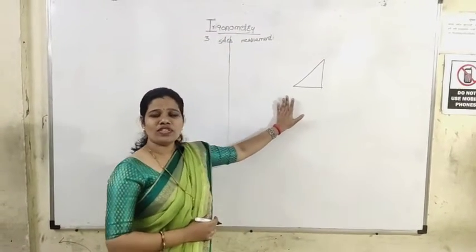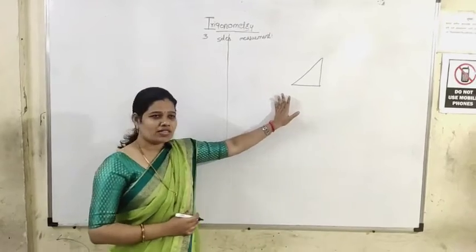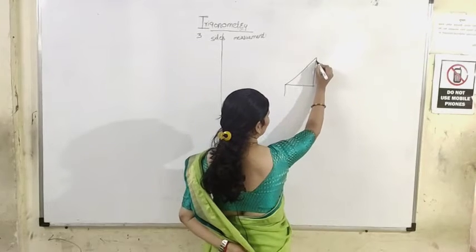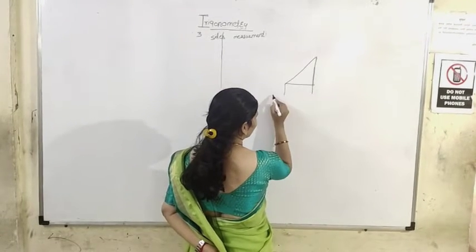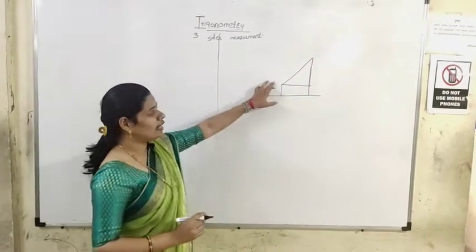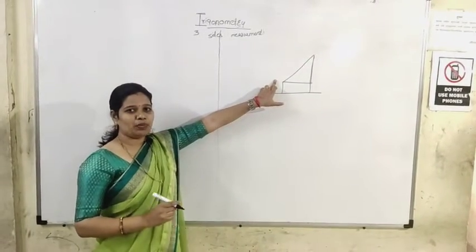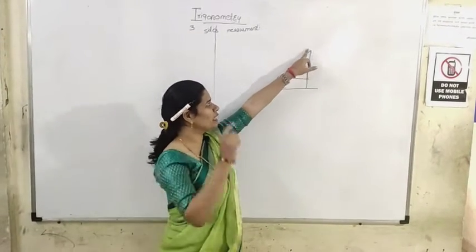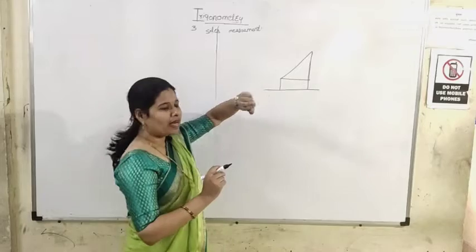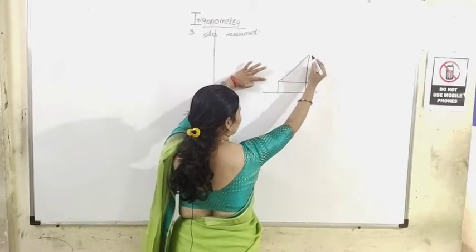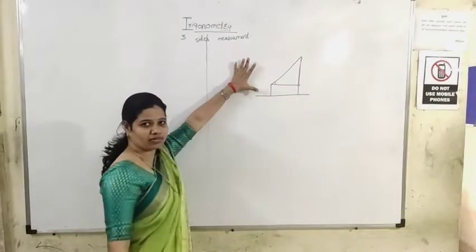So basically what we study in trigonometry: suppose I am standing here and this is a building, a school building, both are on the ground, and I take a laser, put it here near my ear, and I see the top of the building. Then my eyes make an angle with the top of the building.